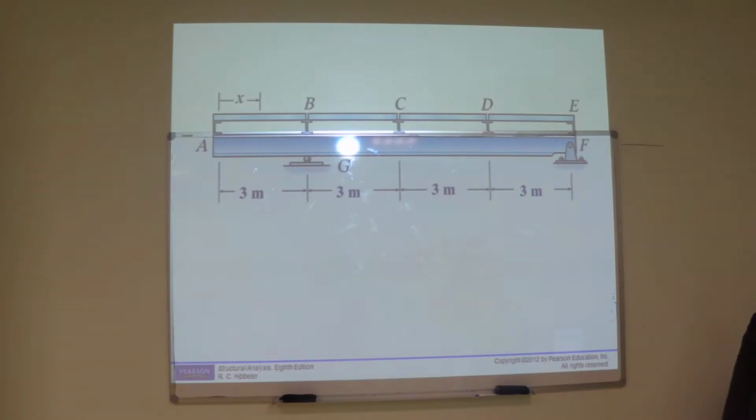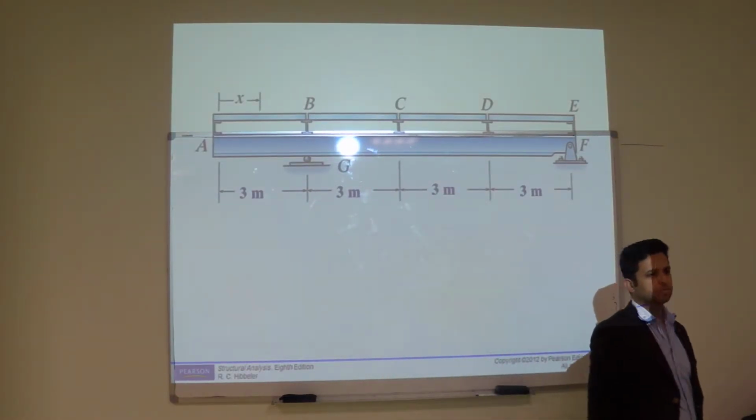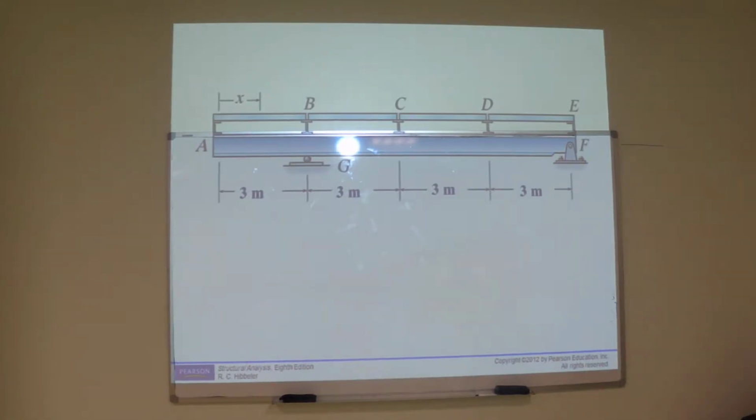What we will do is put the load at point A, at point B, at point C, at point D, and at point E, and we will find the shear at point C. So let's do it.